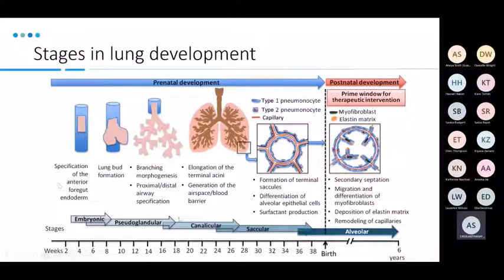Then around 22 weeks, you start getting your type 1 and type 2 pneumocytes. That's your canalicular stage, which was what was in the SBA. So just remember around 22 weeks is when your type 2 and type 1 pneumocytes are forming, because this is when your alveoli are starting to specialize a bit more.